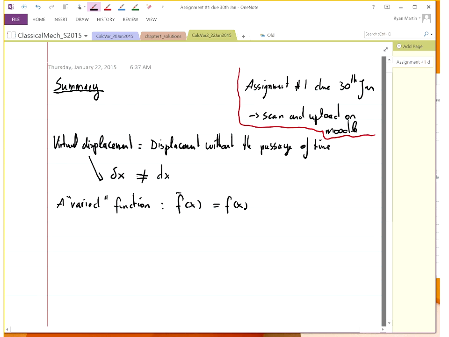Okay. So we define the variation of a function by first introducing a varied function, which we wrote f bar of x to be f of x, where x is now the independent variable, plus some small change to the function.